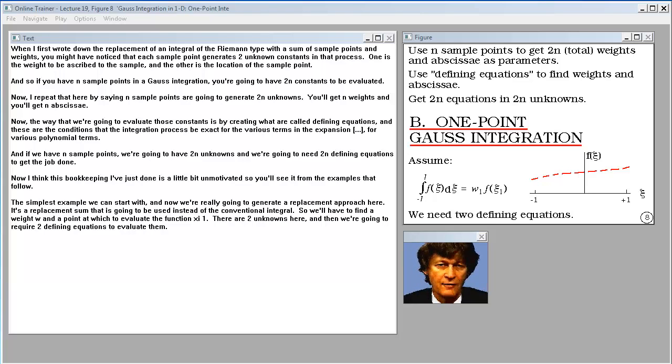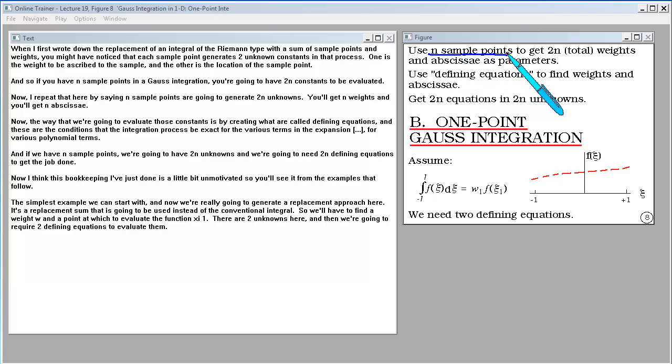And so if you have n sample points in a Gauss integration, you're going to have 2n constants to be evaluated. Now, I repeat that here by saying n sample points are going to generate 2n unknowns. You'll get n weights and you'll get n abscissa.